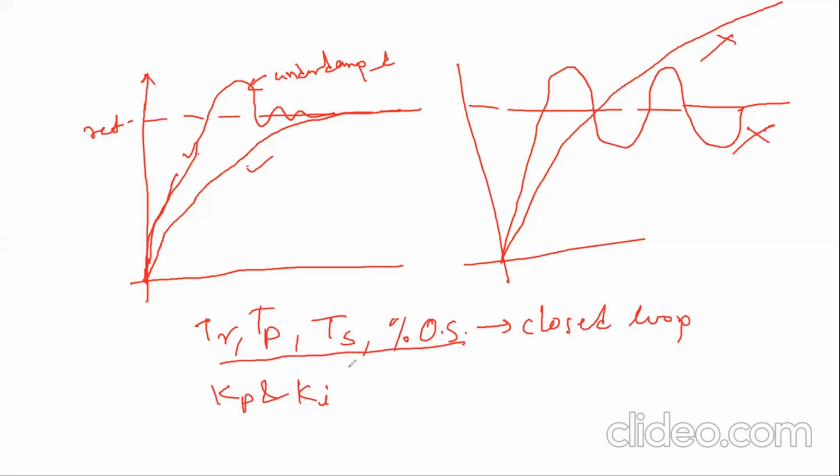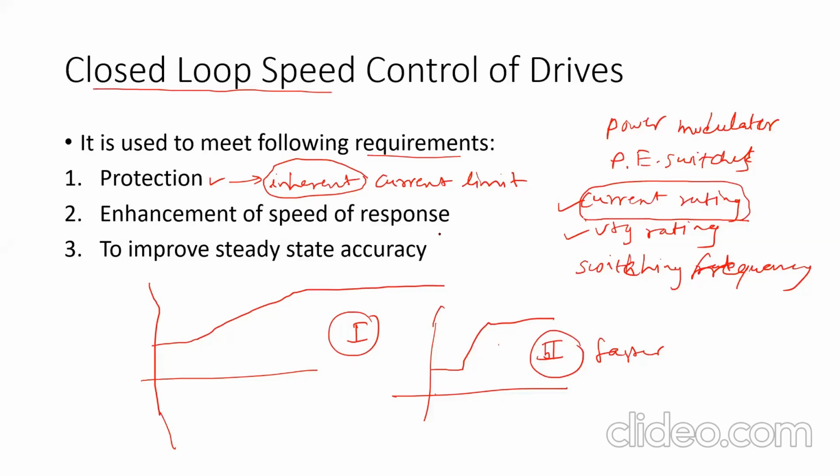A PI controller or any type of advanced controller can be used in a closed loop control technique. Means what? By employing closed loop control, we can obtain protection of power electronic switches, we can enhance the speed of response, and we can improve the steady state accuracy.